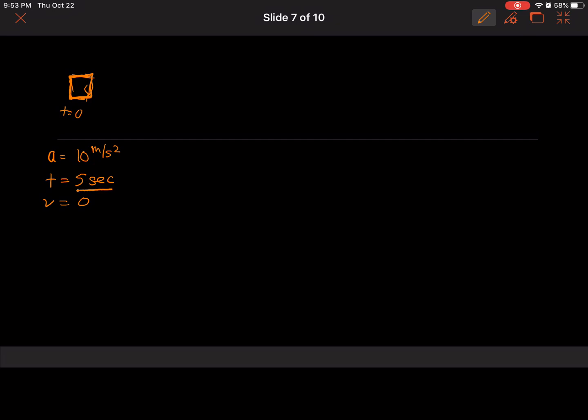But at the end of the fifth second, it starts deaccelerating at a rate of negative 5 meters per second squared, and it takes 2 seconds to stop. Wait, no, that doesn't make sense. Not 2 seconds.